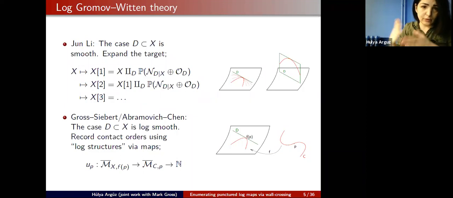To make sure things work well, you need a relative two-term perfect obstruction theory to construct a virtual fundamental class and so on. So if you consider things that fall into the divisor, this doesn't work.